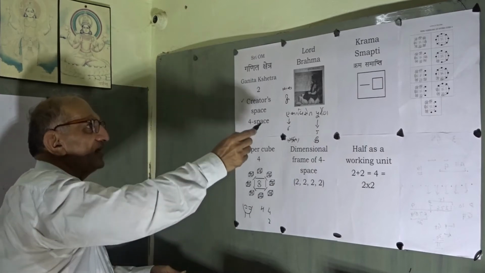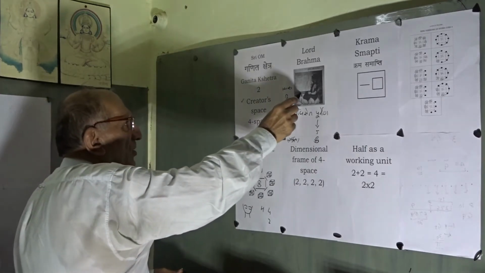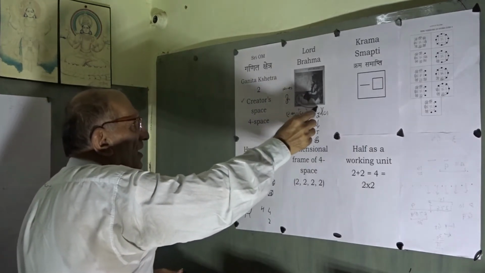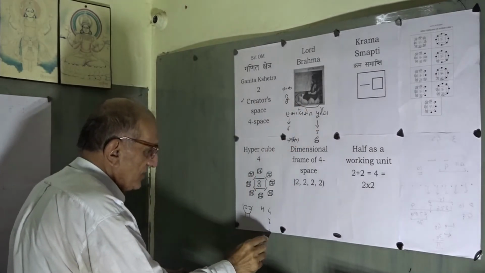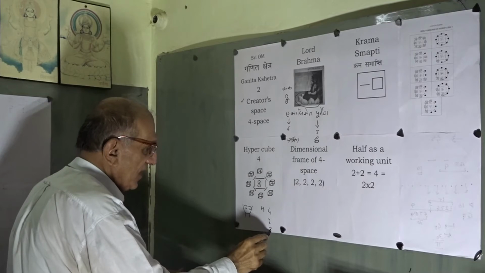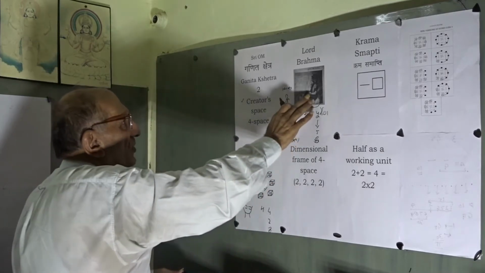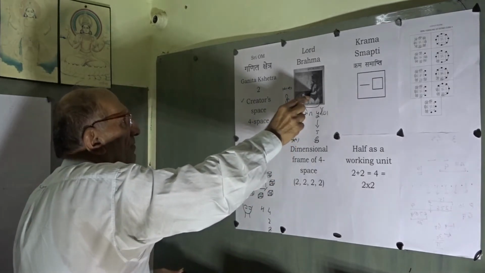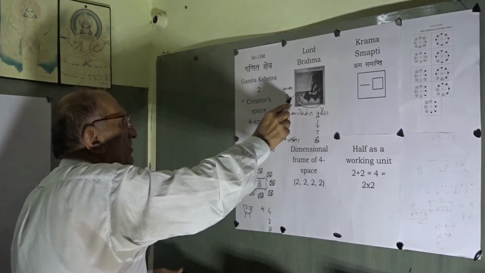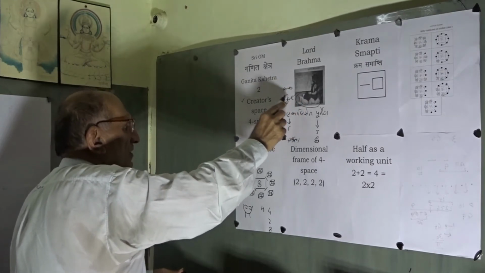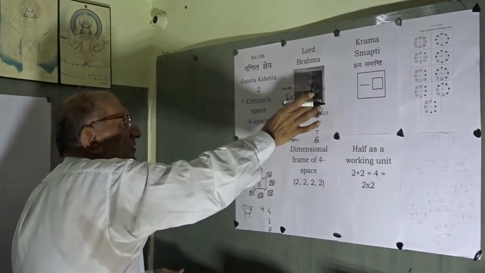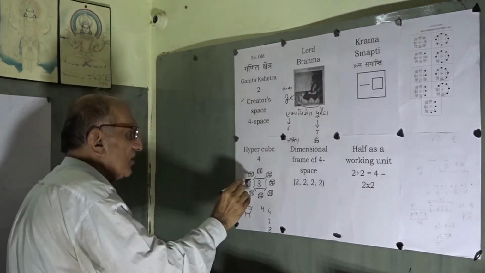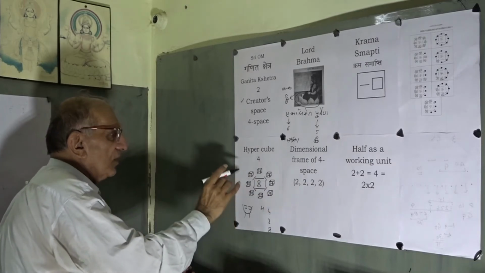And then we see the creator sits on a lotus seat of 8 petals, and within the cavity of heart of Lord Brahma is the seat of the transcendental Lord Shiva. So it is of the features of hypercube 4.